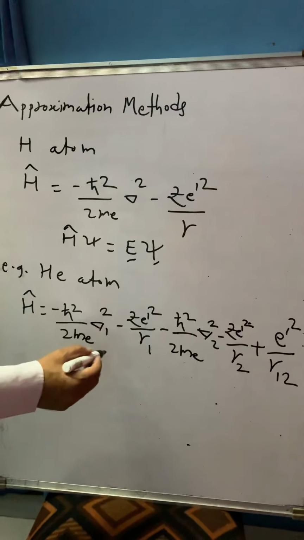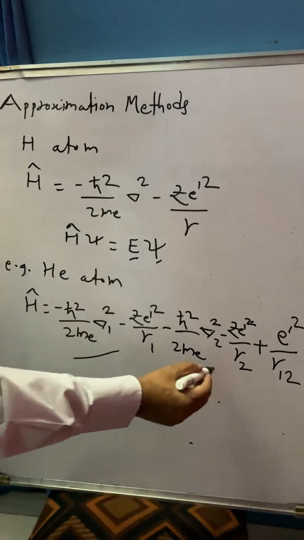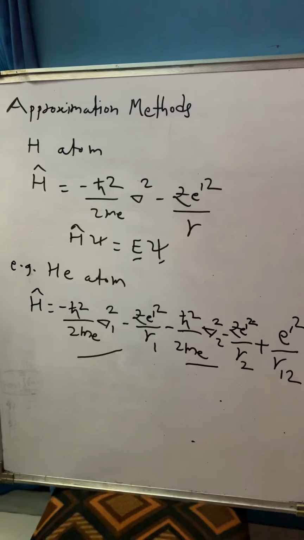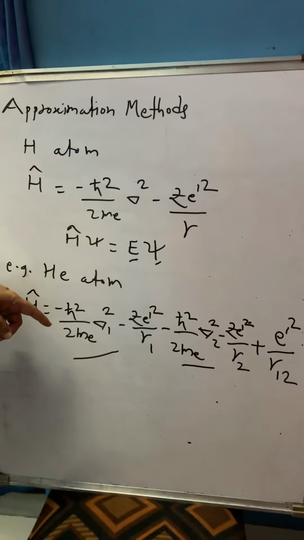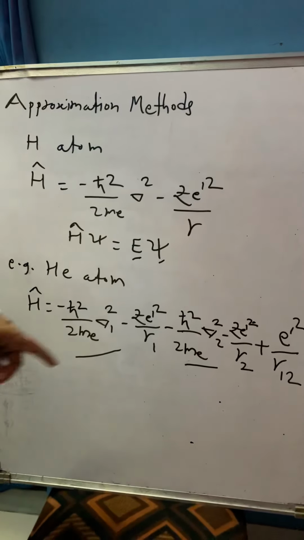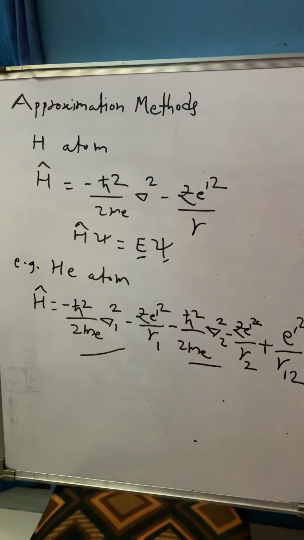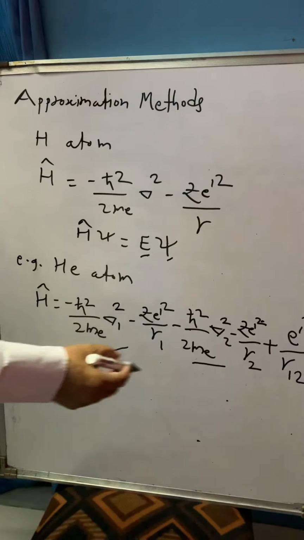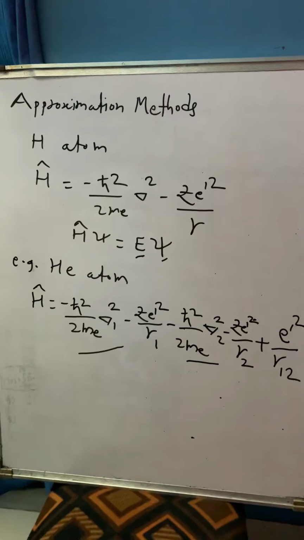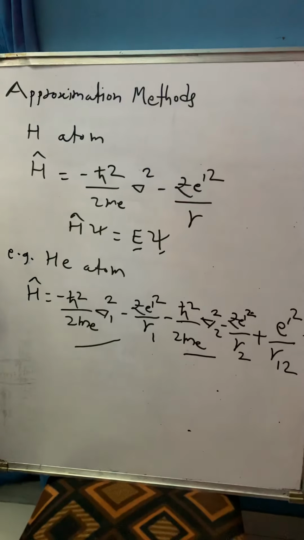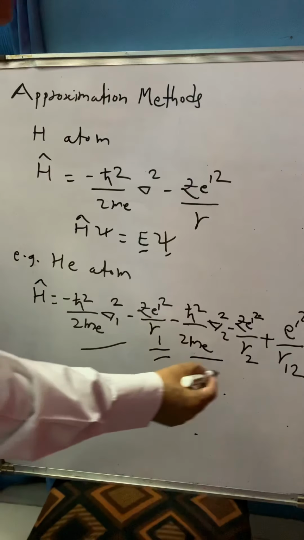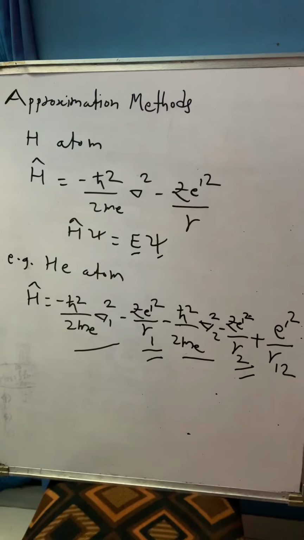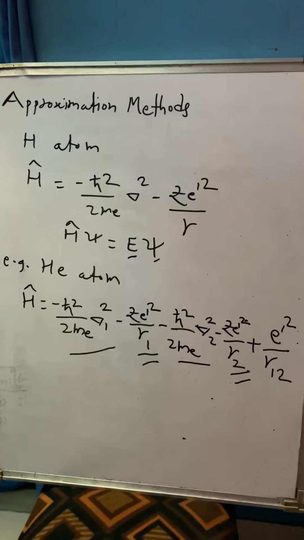Now in this case the first and third terms are the kinetic energy terms, minus h cross square by twice me del 1 square, and minus h cross square by twice me del 2 square. This is the kinetic energy term for the first electron, and this is the kinetic energy term representing the second electron. The second and fourth terms represent the potential energy of attraction between electron and nucleus.